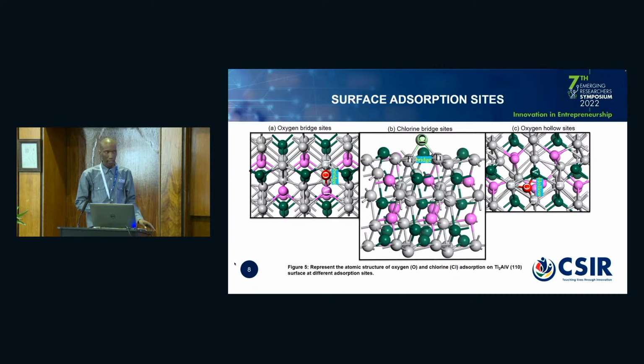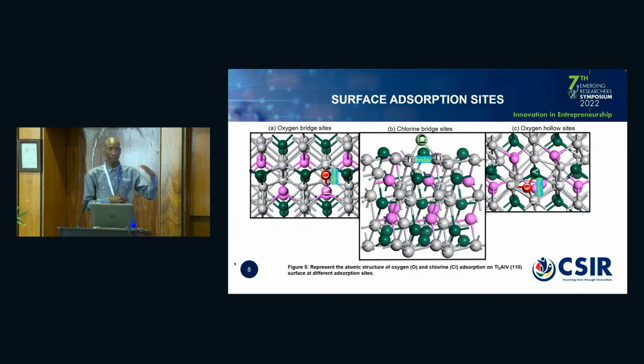Now, this is an optimized structure after the impurities were introduced in the vacuum and interacted with our surface or slab. The red sphere represents an oxygen atom on the bridge site between titanium and aluminum.